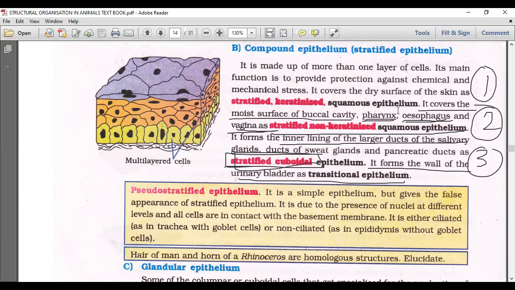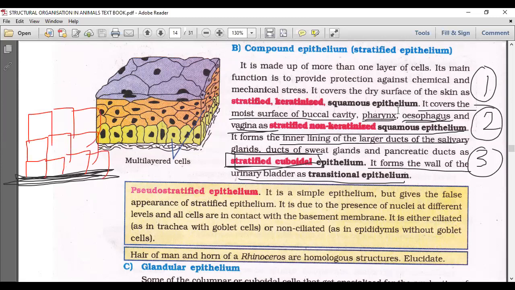What is transition? Transition means which can change. This is the basement membrane, and above it some rows of cells are present.